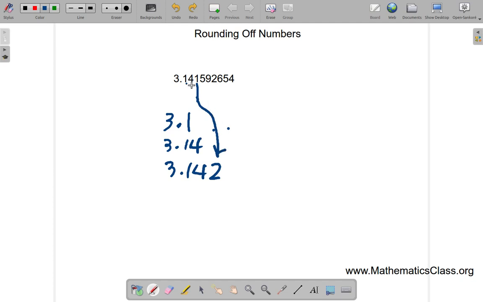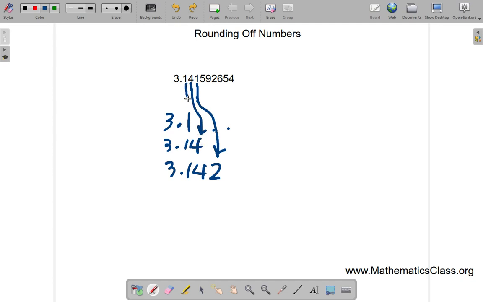They're saying that if you're going to stop here and you look to the right and the digit that is to the right is less than 5, then you just keep the digit where you're going to stop and write it down.